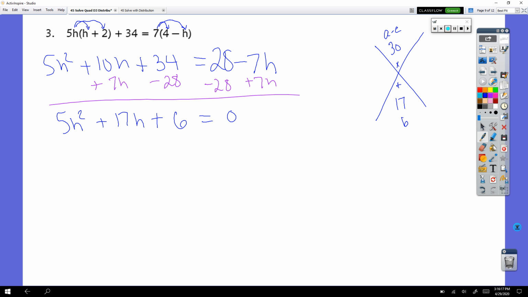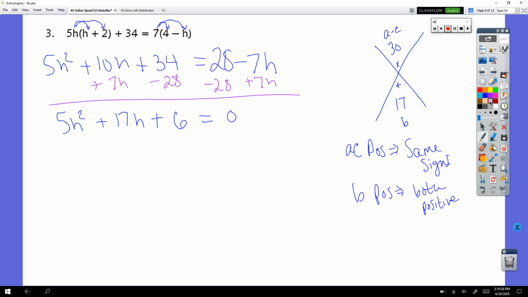So let's think about our signs, our positive negatives. So AC is positive. That means same signs. B is positive, so that means both are positive.